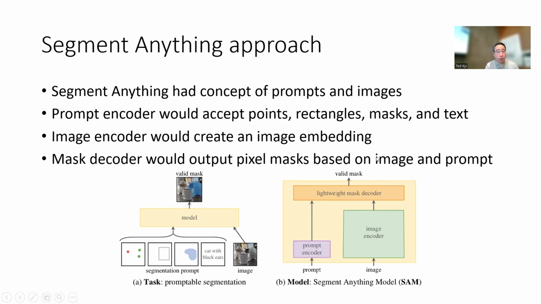Then they have the image encoder that creates an image embedding, and those two things happen separately. How they get combined is on the right, where you have this mask decoder, which basically says, for one prompt, let me look at the image, let me look at the prompt, which could be, again, a collection of things: multiple points, masks, rectangles, whatever.